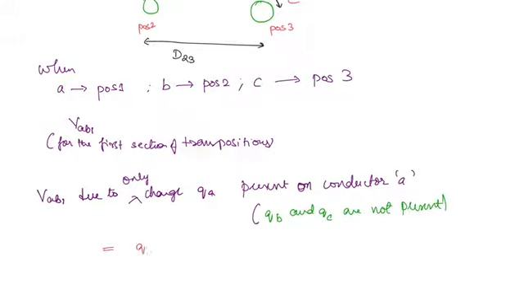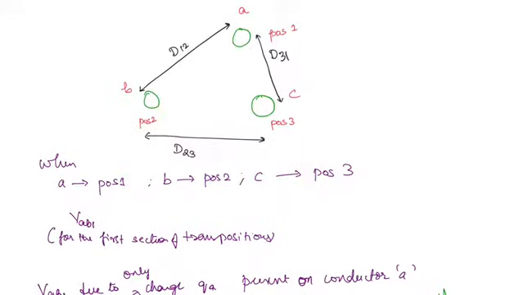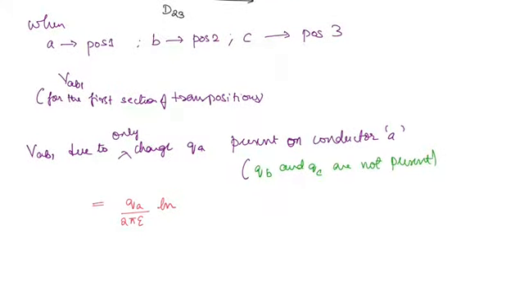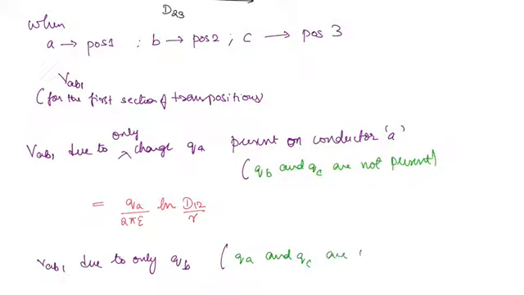So this is going to be QA by 2 pi epsilon ln, from A to B we are changing, right? So here A is present, A to B means this distance first will be present, so that is D12 divided by the radius of A. So this is going to be ln D12 by R. Similarly, what will be VAB1 due to only charge QB while QA and QC are not present?